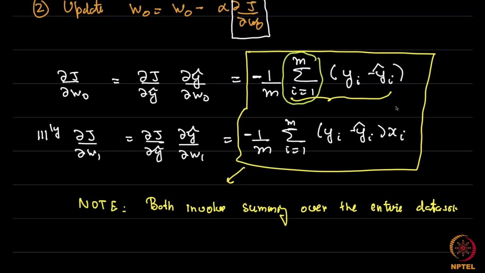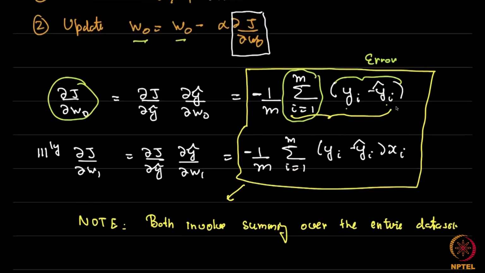Again, in earlier programs, or in case you used an Excel sheet, this would have become clearer. What we would have done, remember, each one of these terms is the error. So what this term says is W naught is updated by the difference between yi minus y hat i and the average error over the various examples that you take.